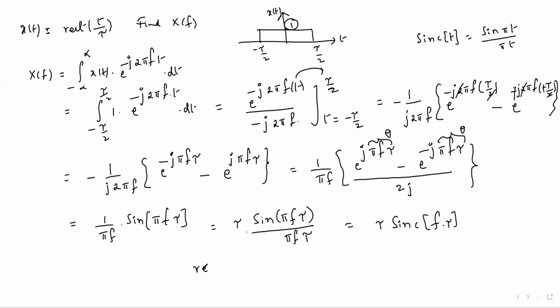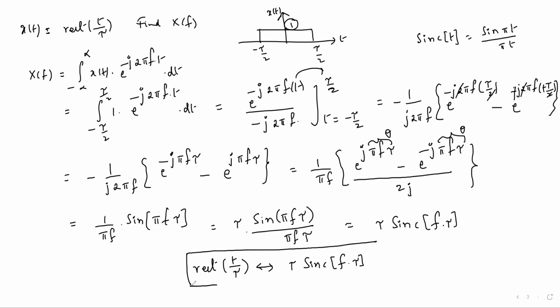Let us write the Fourier transform pair here. Rectangular of t by tau, Fourier transform in X of f format is tau sinc f tau. Very, very important thing. Observe here tau in time domain, again same tau in frequency domain.